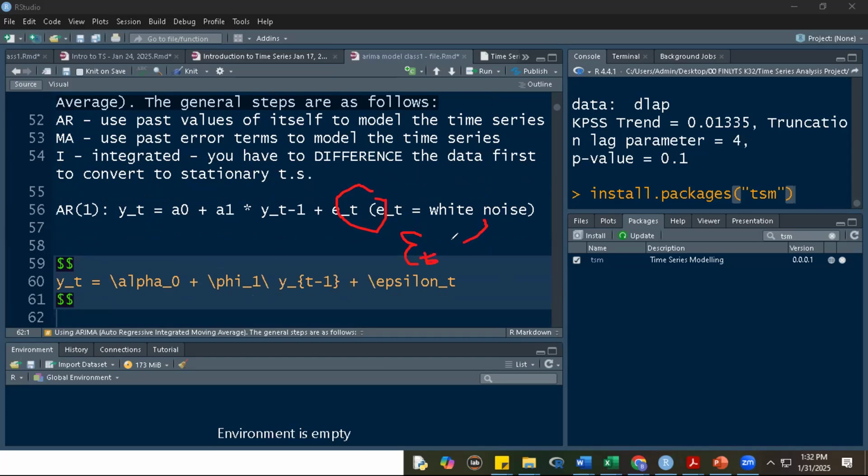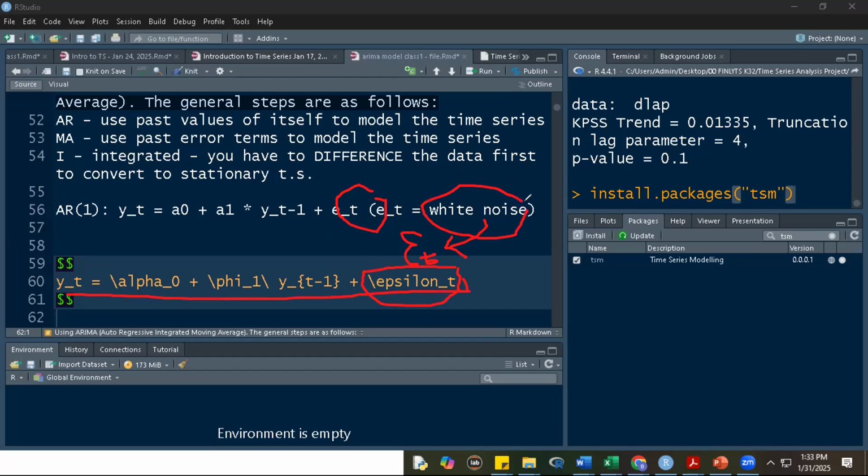So we described white noise last time. We said that white noise does not have any trend and its mean is constant and its variance is constant. Okay, constant mean and constant variance. So this is our model. And in order for this model to be valid, your epsilon sub t should be white noise.